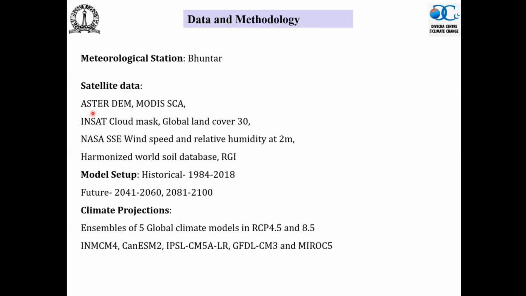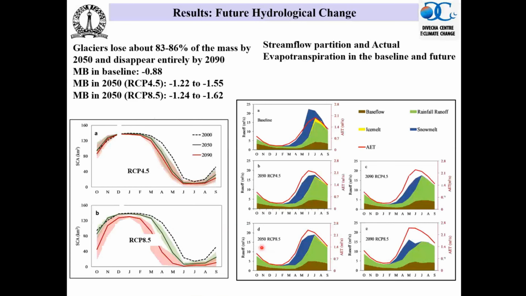all kinds of data like DEM from ASTER, MODIS snow cover area, cloud mass, land cover. You can get wind speed, relative humidity, then soil databases, historical data, and climate projections also you can get. So now you can use these models to estimate how stream runoff is going to change in future, and in different time frames using different atmospheric models.